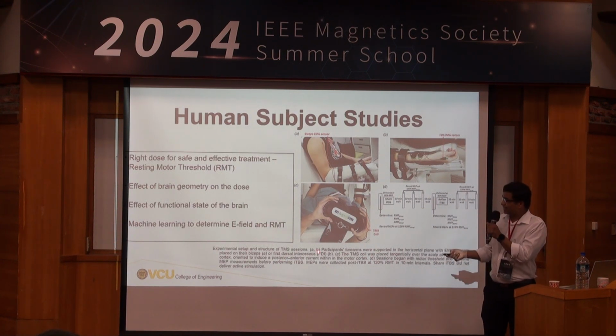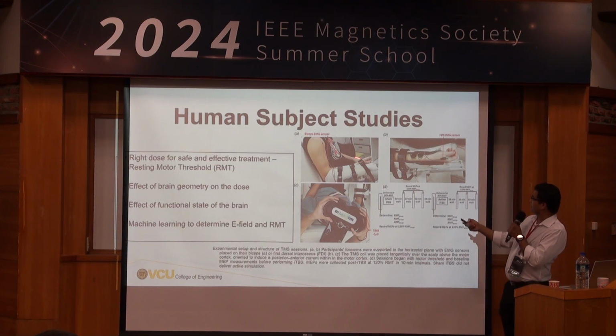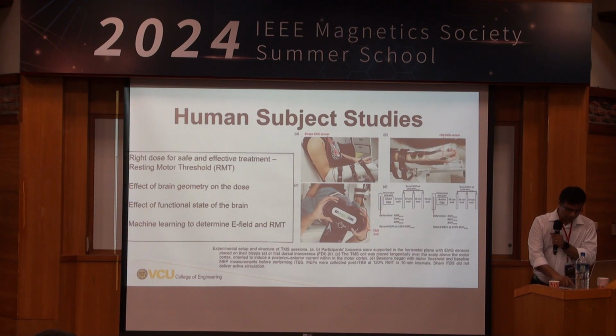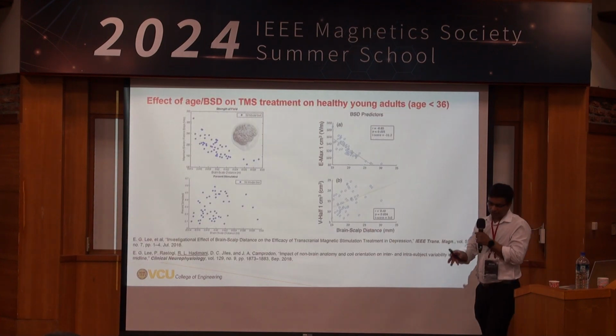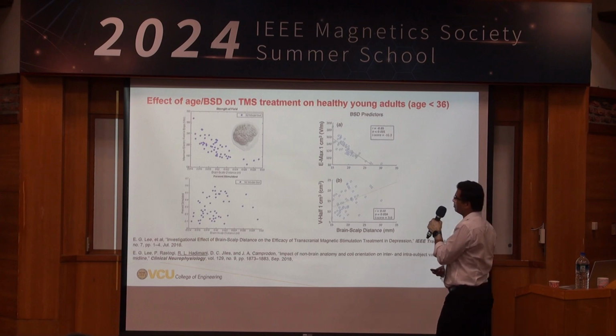We recruited these 10 healthy subjects, and this is how we measured the thumb twitching, with an EMG sensor. So that is the myogenic signal that we measure in the form of millivolts. And again, we looked at different protocols, which is called IPBS, but I'm not going to talk about that.